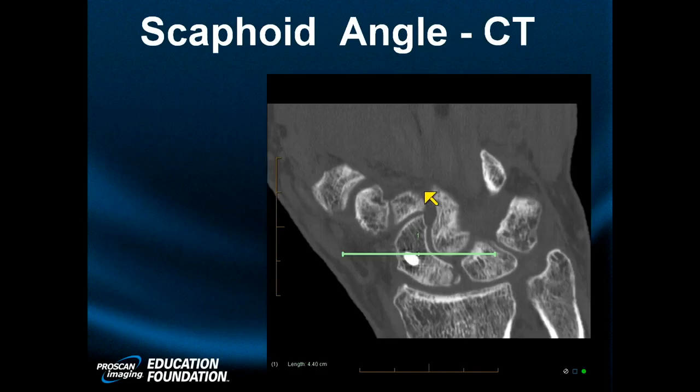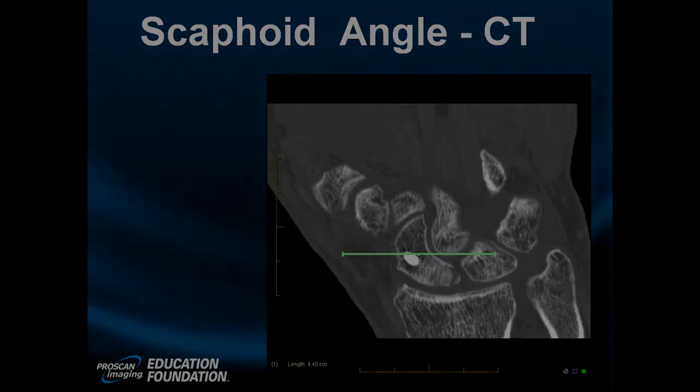So how do we get there? Let's show you how we get there with CT. So here's a CT. It was acquired orthogonally, reconstructed coronally.